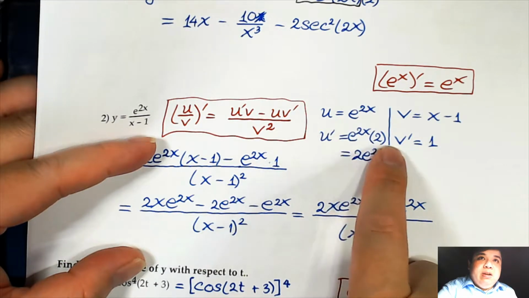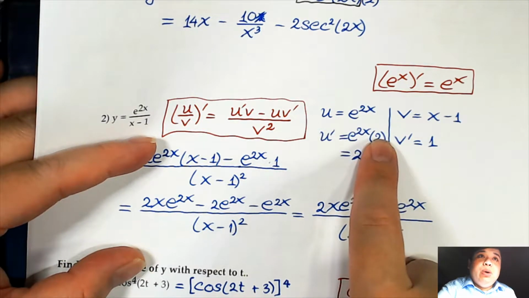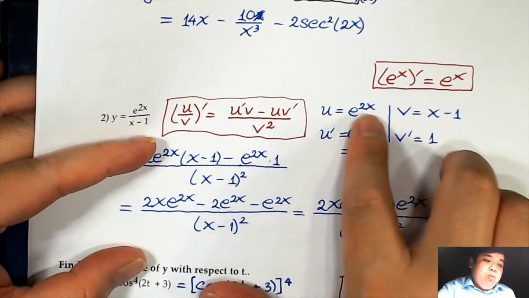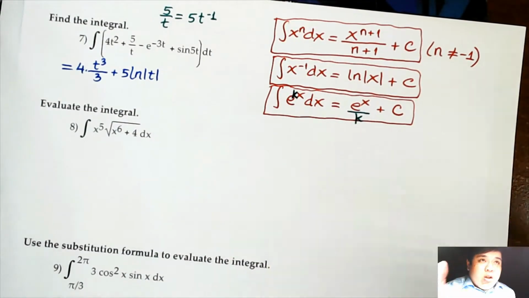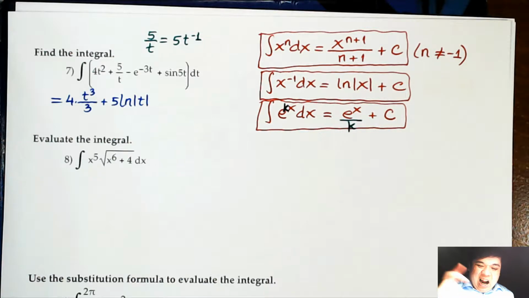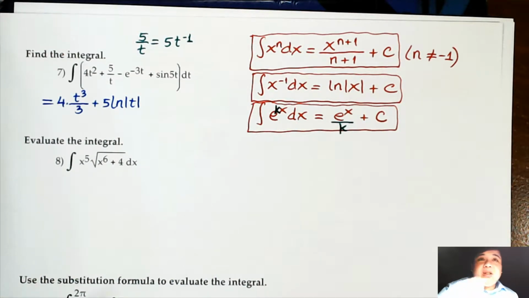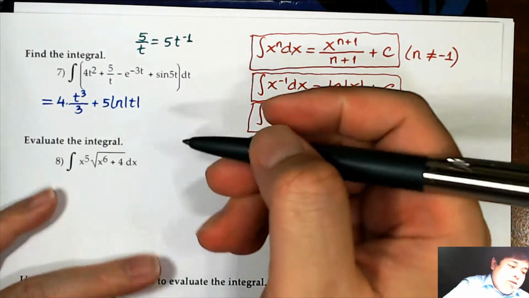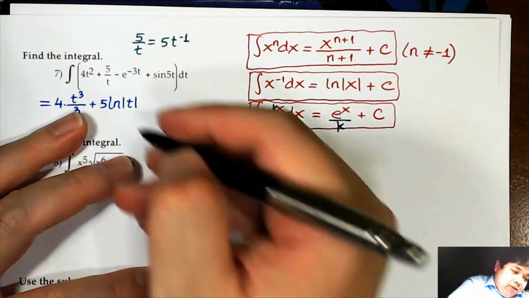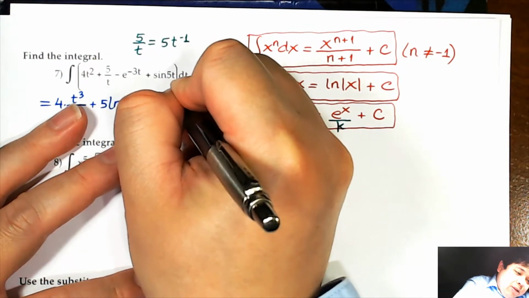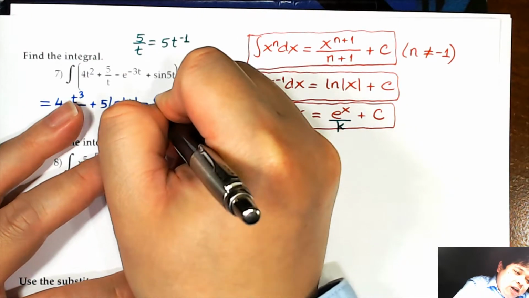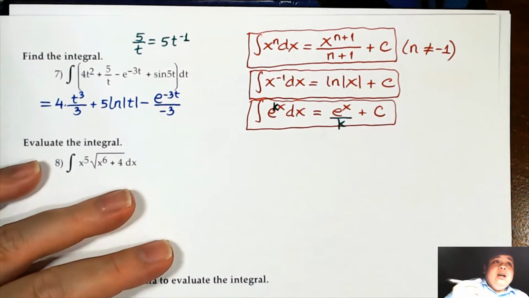We take derivative, we multiply by 2. So that is derivative, when we multiply by that number. This is antiderivative, so we do the other one, which instead of multiply, is divide. So we will have minus e to the negative 3t. That's the same thing, but we divide by negative 3.